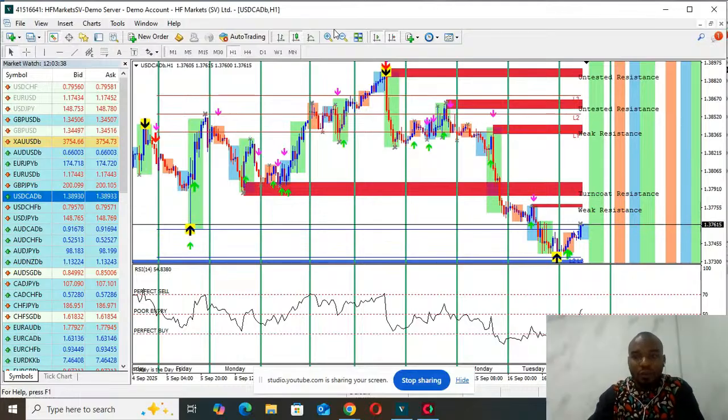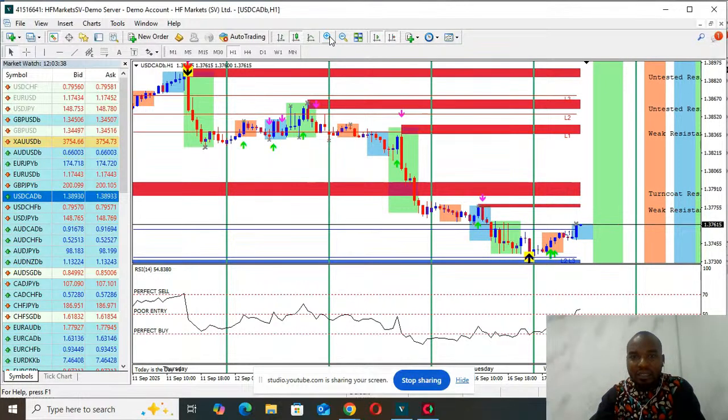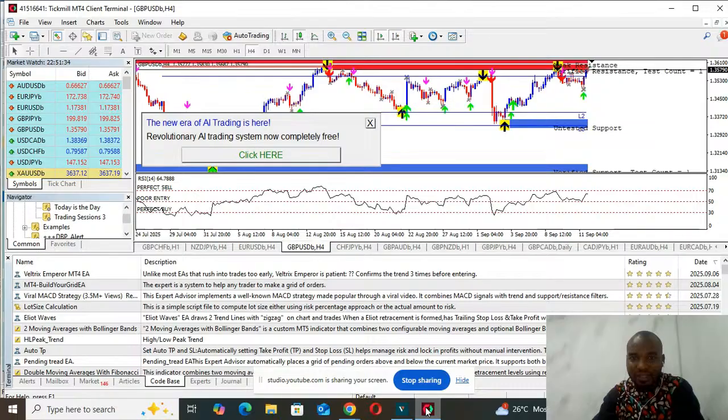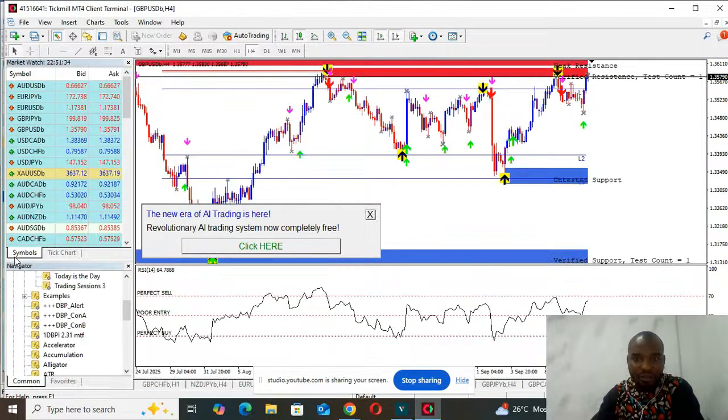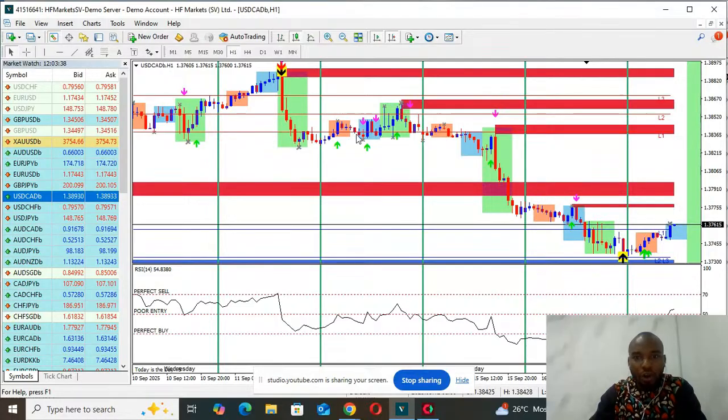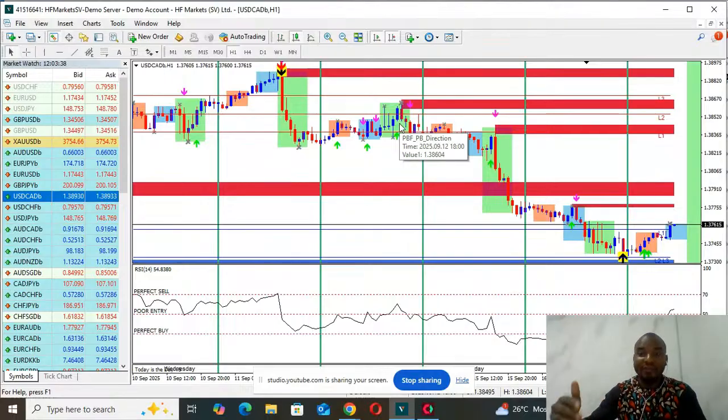If you look closely, these things you are seeing, orange, blue, green, are different trading sessions. The orange is Asia, the blue is London, while the green is New York, and they all have their own time.